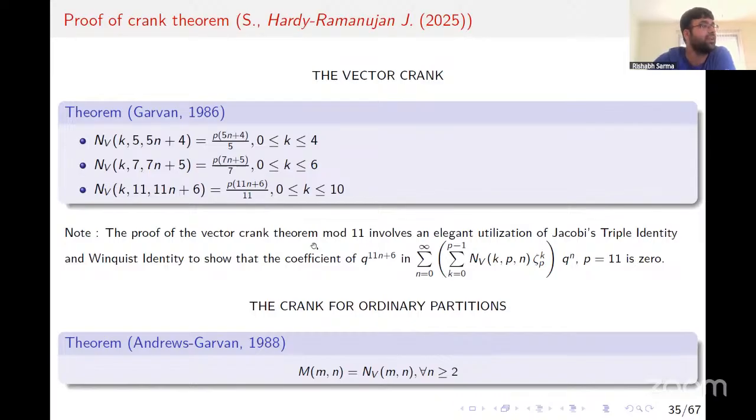And the proof of the vector crank theorem mod 11 involves an elegant utilization of Jacobi's triple product identity and Winquist's identity to show that the coefficient of q to the power 11n plus 6 in the generating function for the vector crank for p equals 11 is 0. And subsequently, Andrews and Garvan show that the ordinary crank and the vector crank are the same for n bigger than or equal to 2.